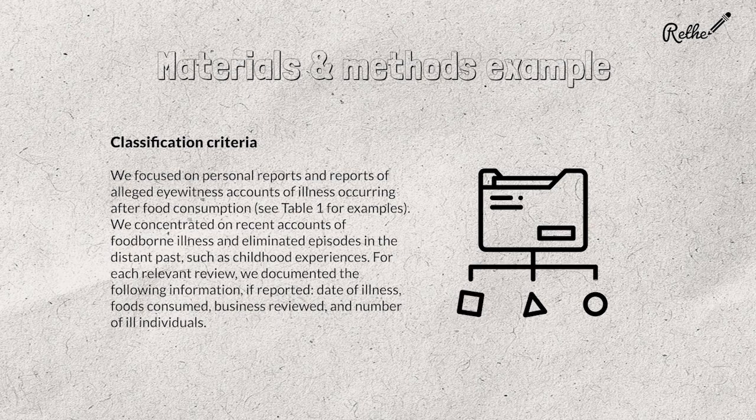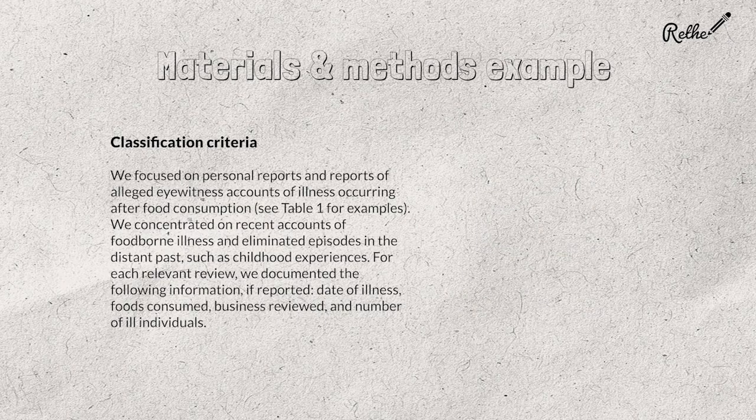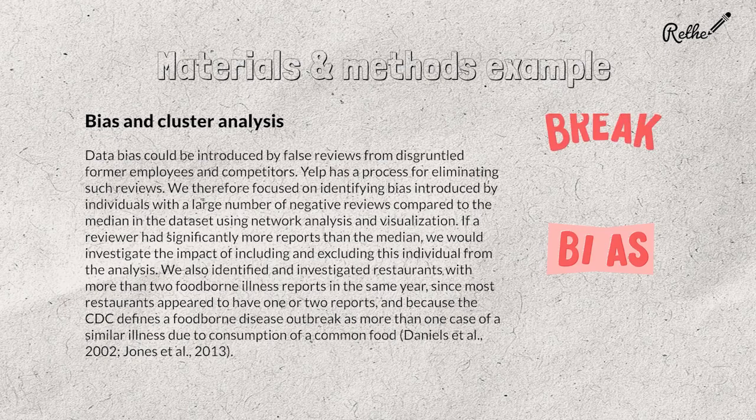We concentrated on recent accounts of foodborne illness and eliminated episodes in the distant past, such as childhood experiences. For each relevant review, we documented the following information, if reported: date of illness, foods consumed, business reviewed, and number of ill individuals. We describe additional analysis focused on bias and clustering of the data.